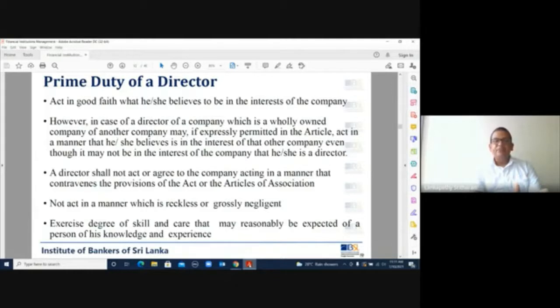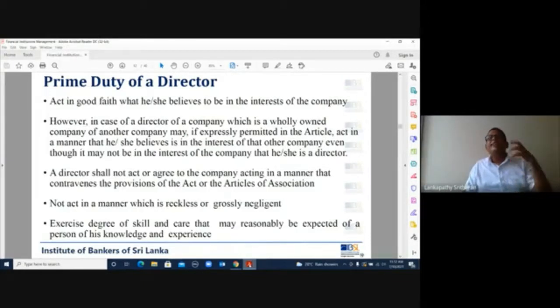The second sentence says that a company director may be a representative of another company. For example, if company A is the parent company and company B is a fully owned subsidiary, and the articles also permit it, then a particular director of company B need not take a decision based on the interest of company B. He can take the decision based on the interest of company A, the parent company, because that is permitted, since it is a fully owned subsidiary created for the benefit of the parent company.